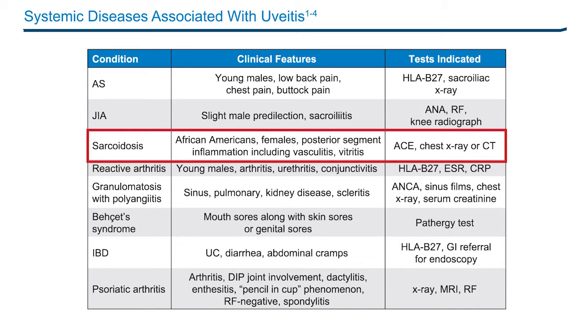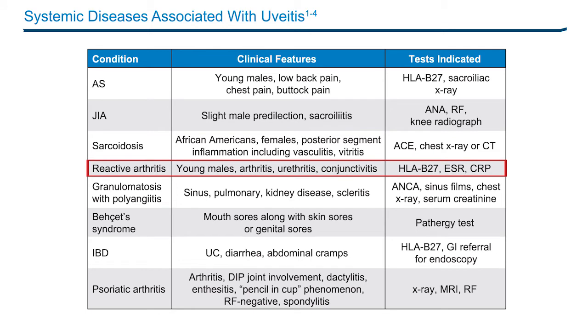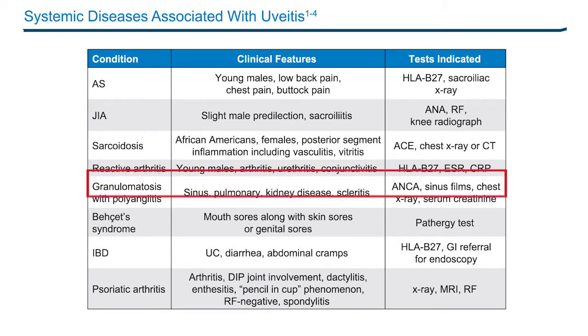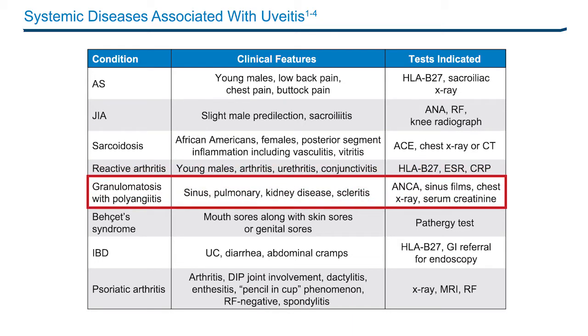Another disease state is reactive arthritis, which used to be called Reiter syndrome, and that's classically due to venereal infection, but it can occur after any kind of gastrointestinal infection or even a virus can precede the symptoms. Other disease states include granulomatosis with polyangiitis.